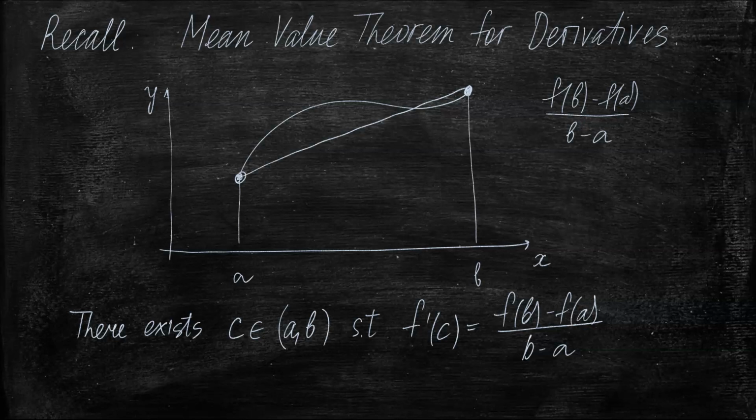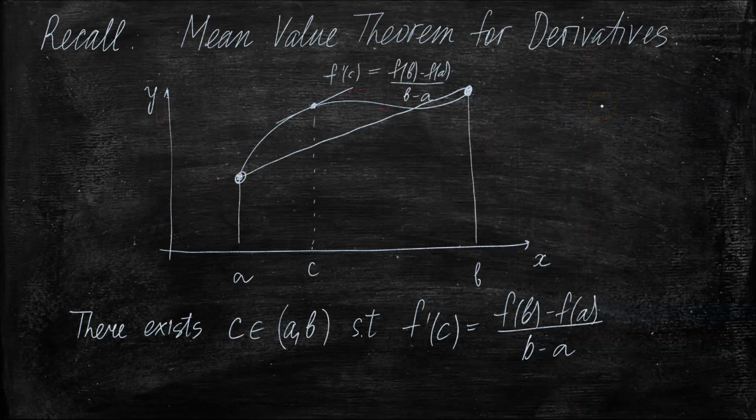So basically it guarantees that under certain conditions there exists at least one such c where the slope of the tangent line at that point is exactly the same as the slope of the secant line segment that connects the endpoints of this graph. So this is what the mean value theorem for derivatives tells us.